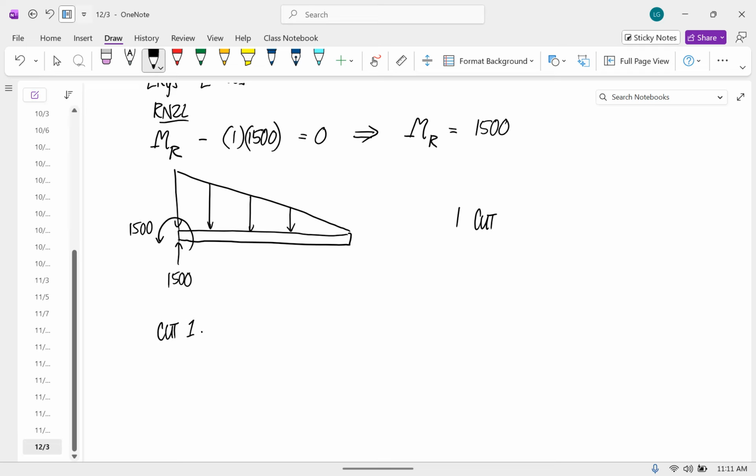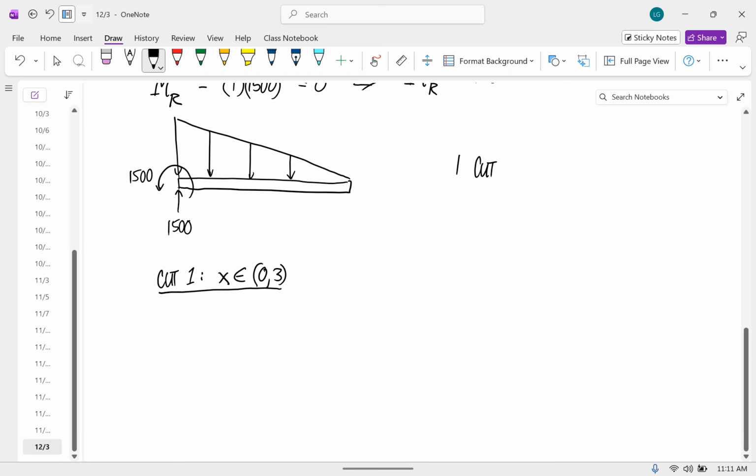So my cut is all x values between 0 and 3. And it looks like this. So let's say this is the representative piece. And we're leaving all this stuff off.